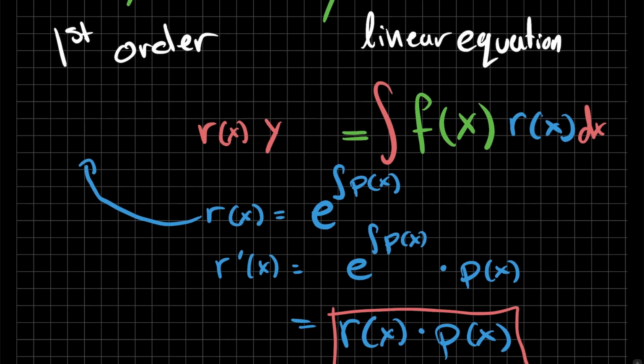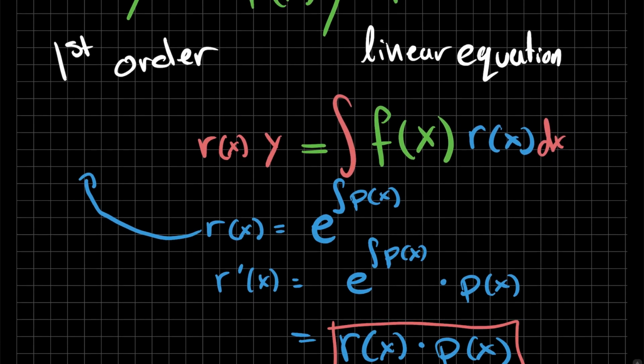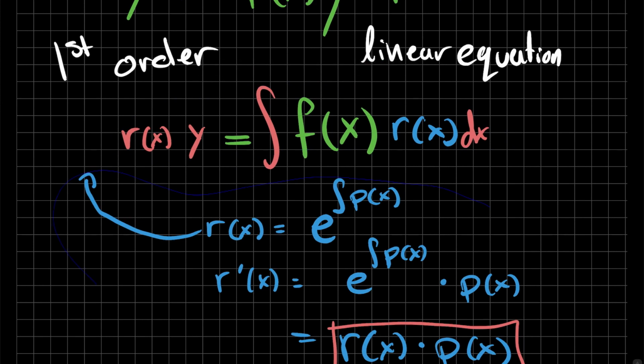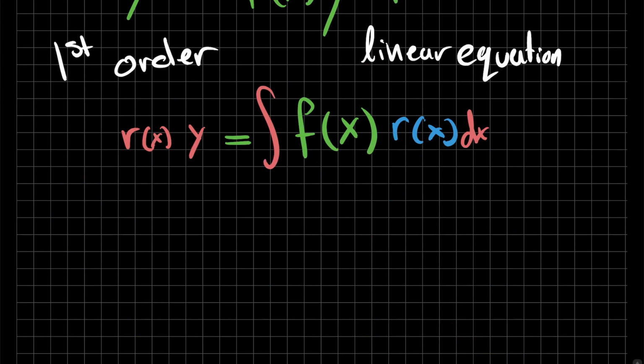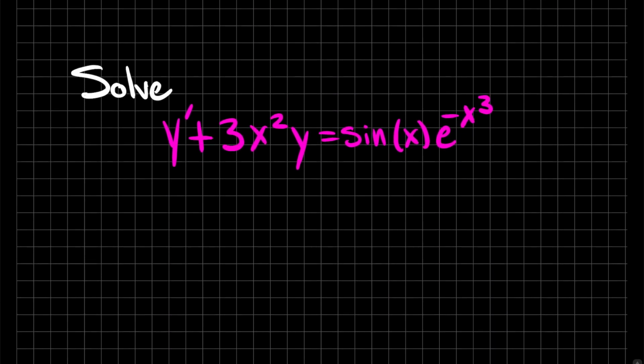Now we can solve for y, and doing this, what we're going to be getting is this right here. And that's how we solve for y. So what does this actually look like practically? Let's do an example and actually use this method.